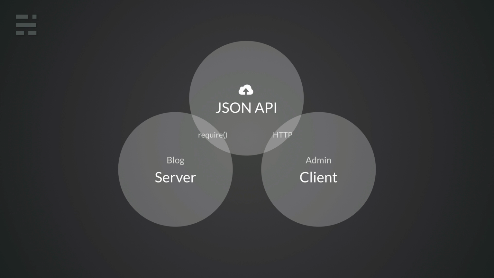And under the hood, Ghost has quite a deliberate structure. So at the top there, you can see there's a JSON API, and that handles the storing and retrieving of all data. And then underneath that, there's two almost entirely separate applications. The first one being the blog server, the part that renders HTML pages for your blog.